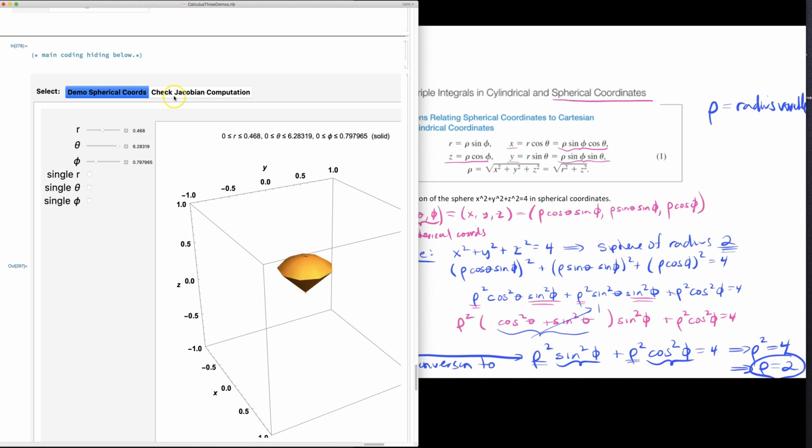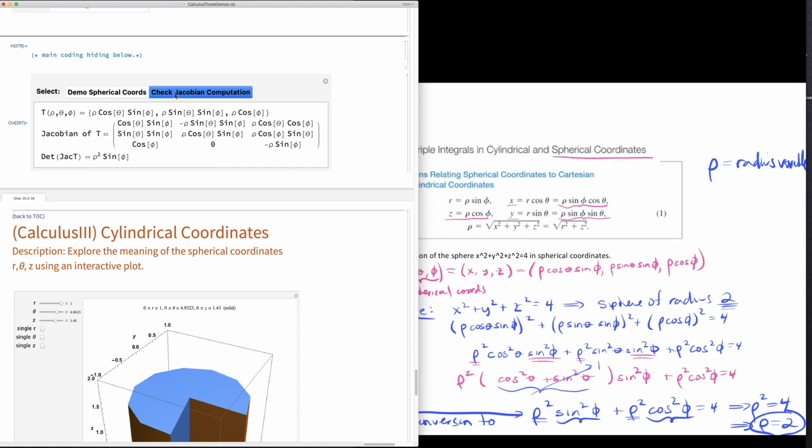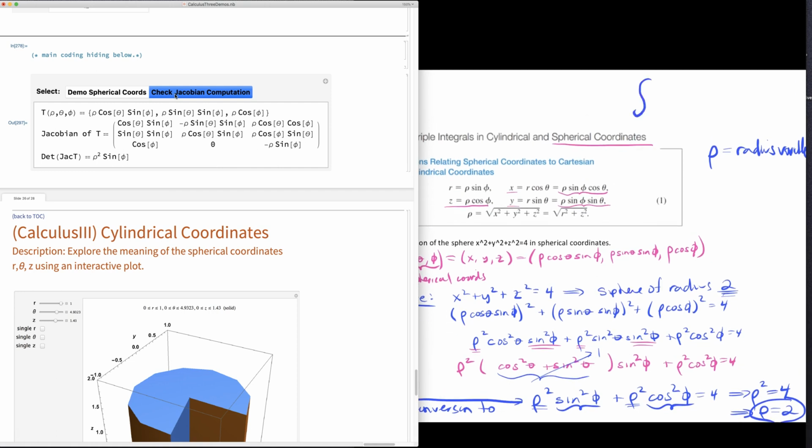All right, and what we're going to need to do here is to be able to compute triple integrals of some function over a region D in three-dimensional space, dV. And if we would like to do these kinds of integrals in spherical coordinates, we're going to have to do something d rho, d theta, d phi.